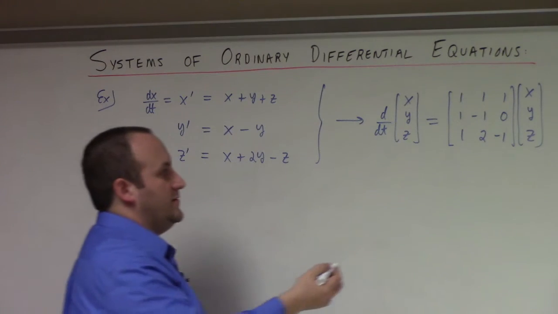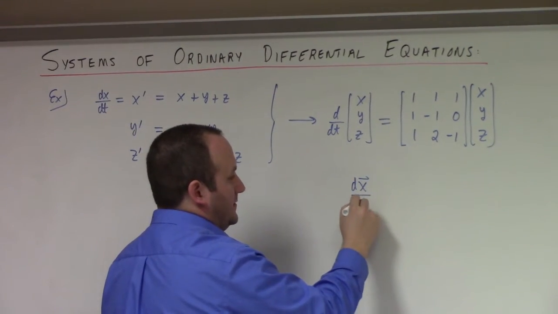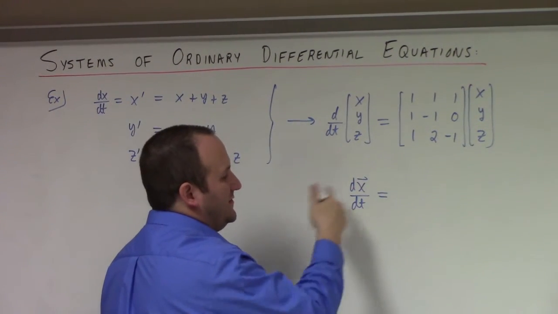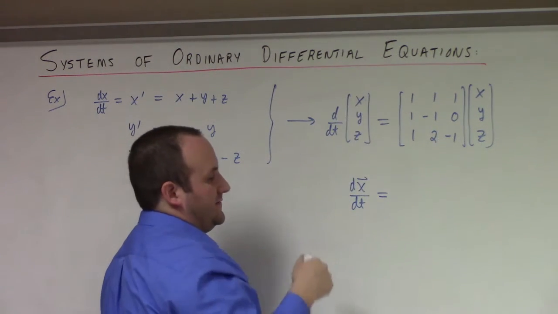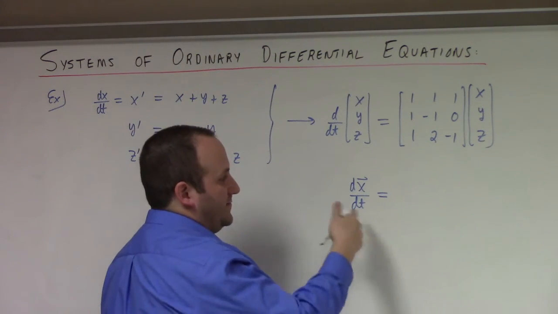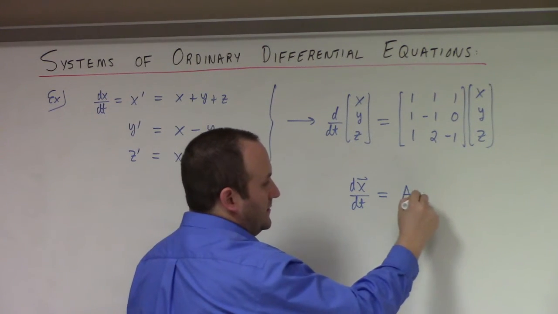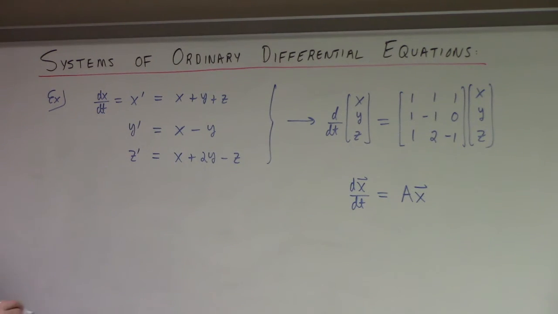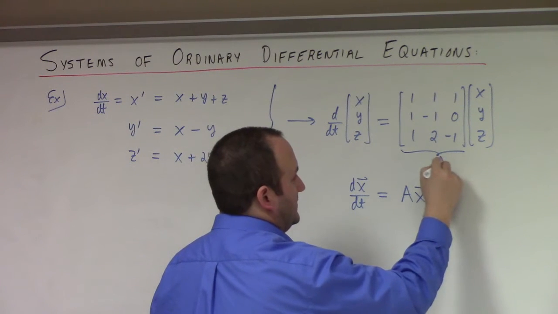Now, here's our typical notation. We'll instead write this like this, dx dt. I usually do use x vector. You shouldn't confuse that with the x here. They're different, right? If this is a problem, you could write dr dt or something. But anyway, this is equal to A times x. So this is the coefficient matrix for this linear system.